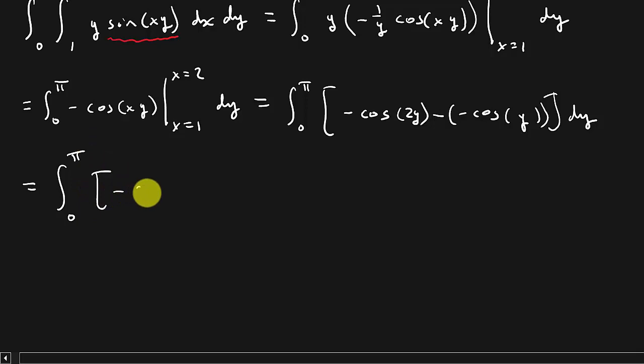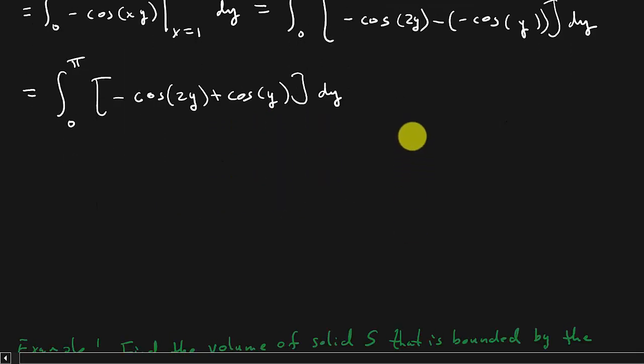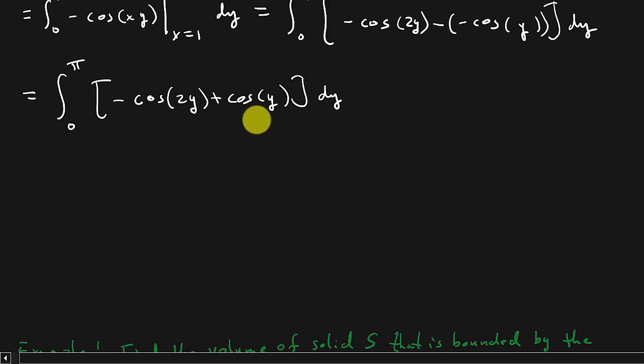All right, so this is going to be negative cosine 2y plus cosine y, dy. Now we integrate with respect to y. The antiderivative of cosine is sine. We got the 2 there, so that's going to be negative 1/2 sine 2y plus sine y, from 0 to pi.